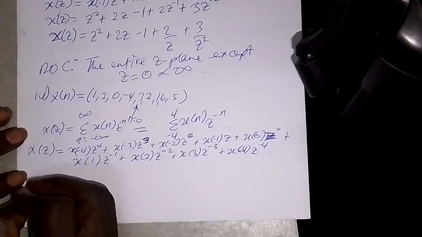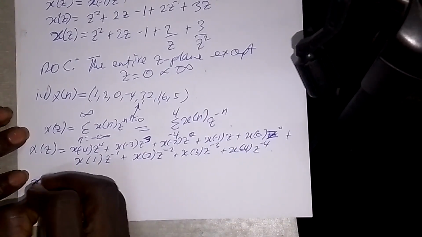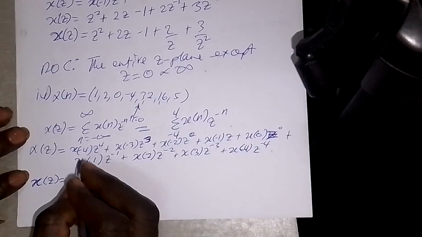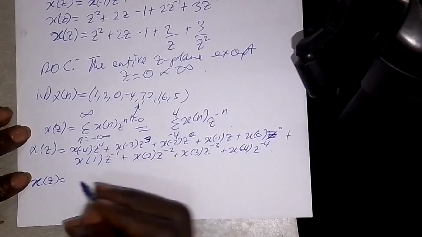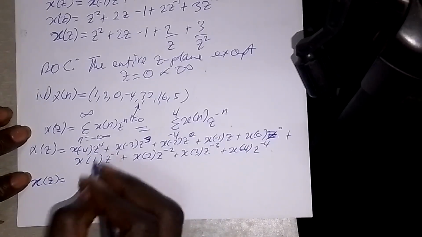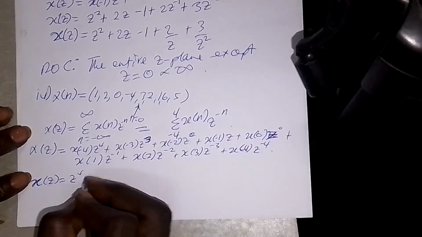So let's quickly convert this one. What are we going to get? x of z is equal to what? X of minus 4 is 1, so z exponent 4.